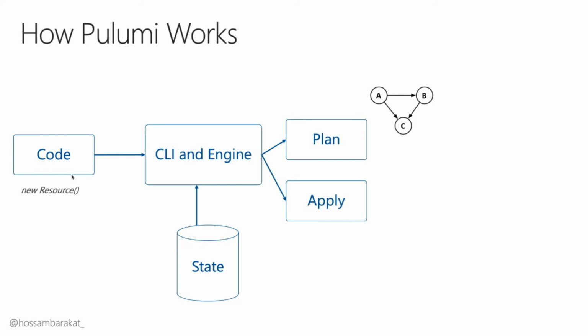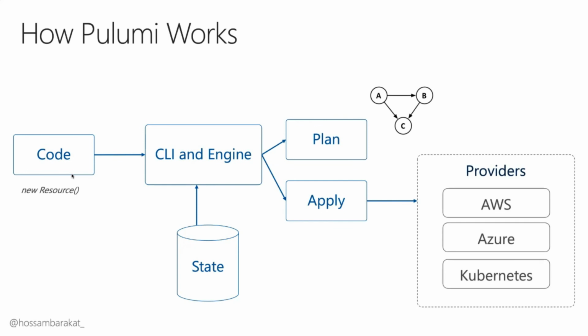After that, we go through the apply phase, and this is where the Pulumi CLI will go and make a call to the Azure provider to provision the resources. After provisioning the resources, Pulumi will update the state so that the next time we update our desired state, Pulumi can find the delta between the desired and the current state.